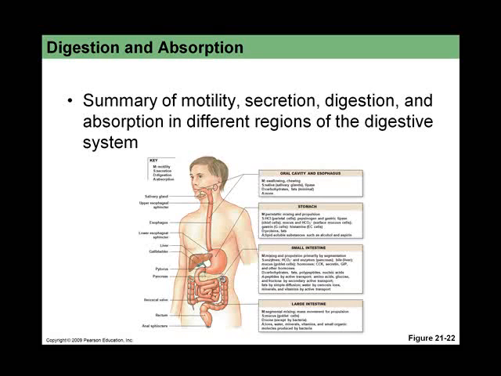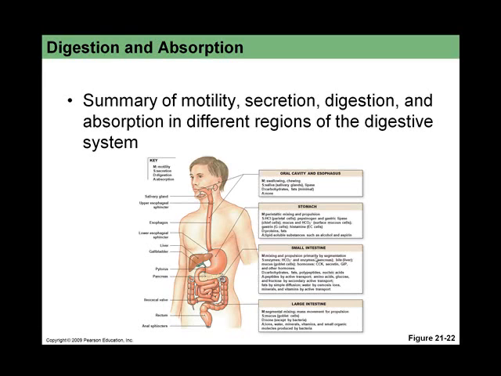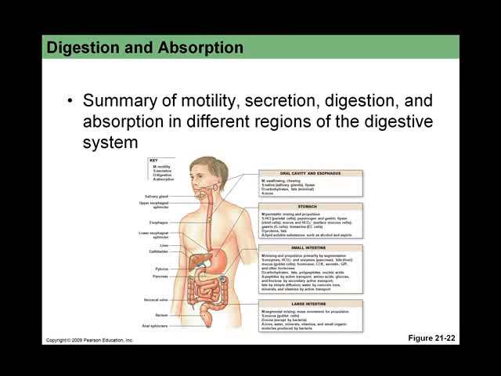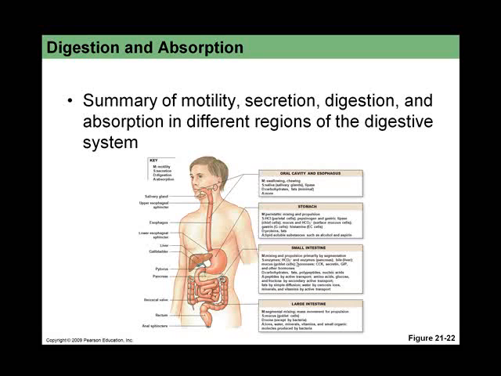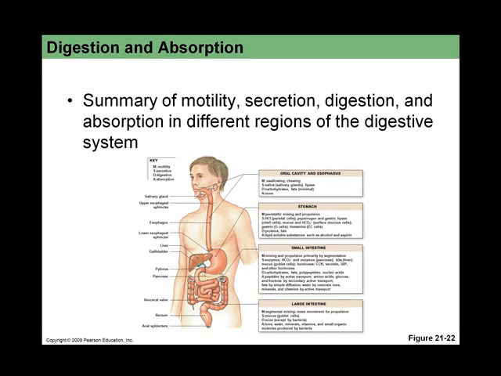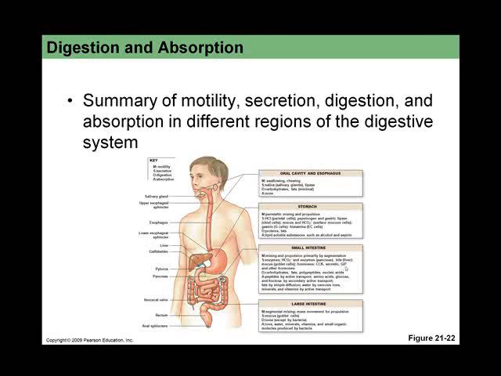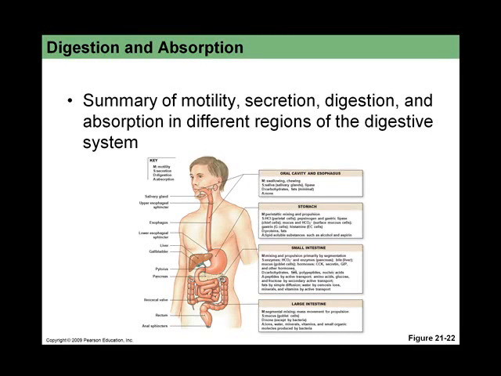In the small intestine, the mixing and the propulsion are primarily by segmentation, so not as much peristalsis as we said for the comparison with the esophagus. The secretion will be enzymes, of course, the bicarbonate and the enzymes from the pancreas, the bile from the liver, mucus from the goblet cells that we saw, and hormones, the CCK, secretin, GIP, and others, referring you again to the table.